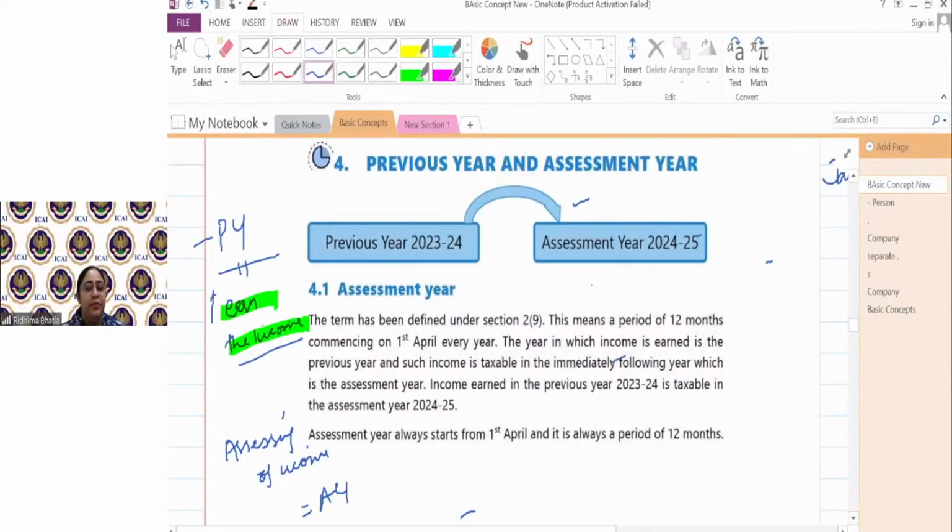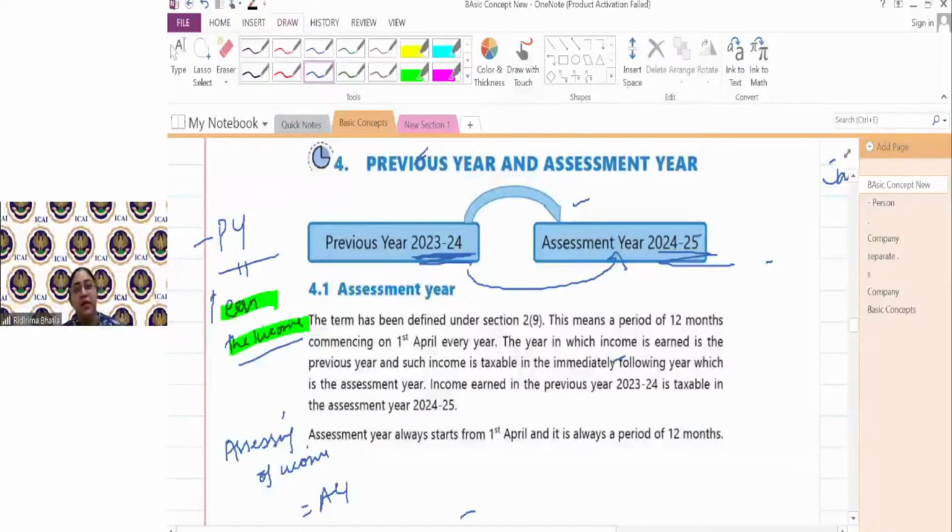Whatever I earn in the previous year 23-24 would be assessed in the year 24-25. So can I say that every previous year will have its assessment year, and the assessment year would be the 12-month period.